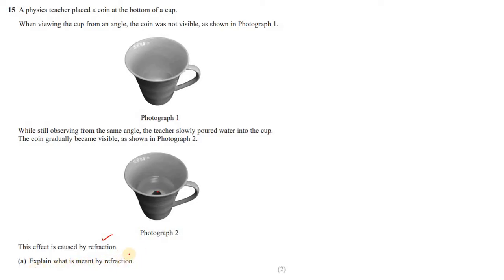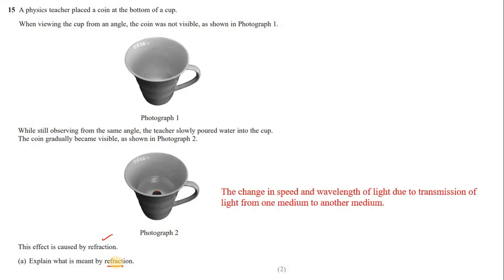Refraction is the transmission of light from one medium to another medium, and due to the difference of density, the wavelength and speed of the light or the wave changes, and this effect is called refraction of light.